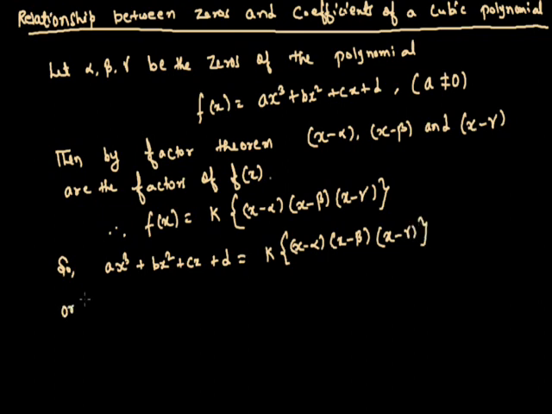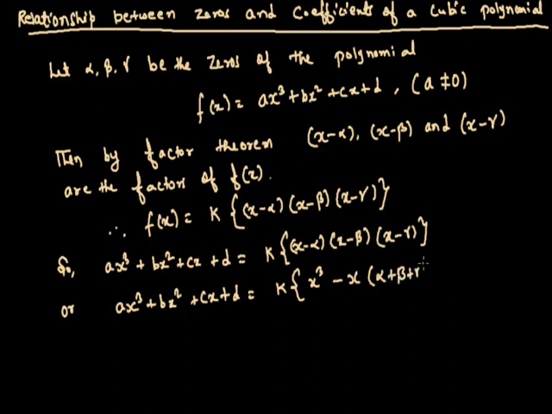or ax cube plus bx square plus cx plus d is equal to k times (x cube minus x square multiplied by (alpha plus beta plus gamma) plus x(alpha beta plus beta gamma plus gamma alpha) minus alpha beta gamma).